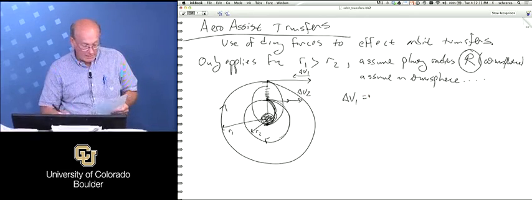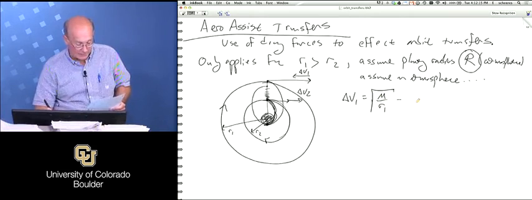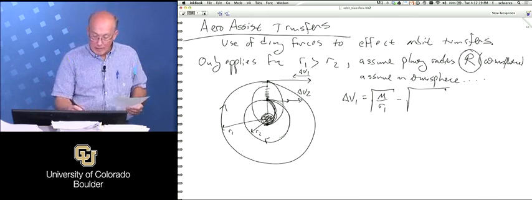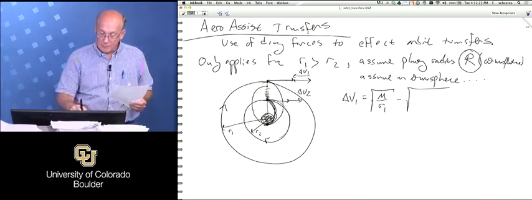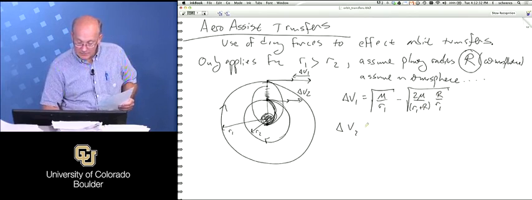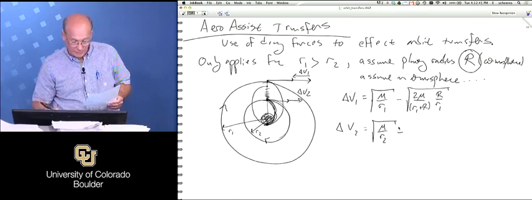Delta V1 is just going to be local circular, square root of mu over R1, minus the apoapsis speed of this ellipse with periapsis at R. So that becomes square root of 2 mu R over R1 times (R1 plus R). Delta V2 is a similar maneuver, square root of mu over R2, except now you're boosting back up to circular.